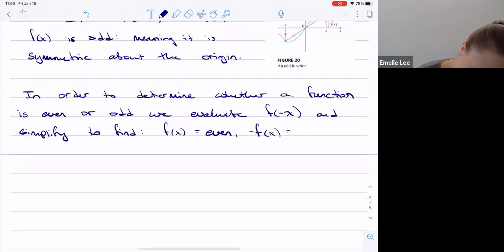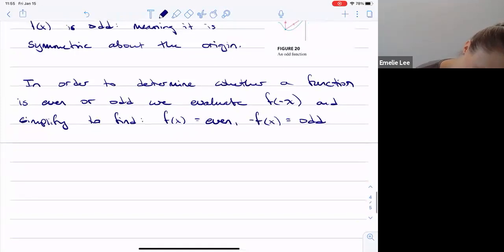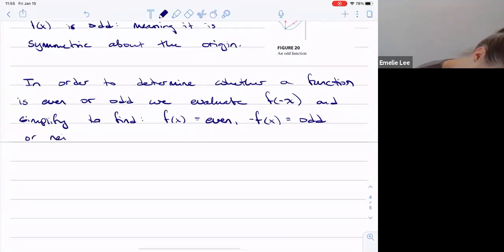Negative f of x is odd, or neither. Well, then it's neither. Kind of goes without saying.